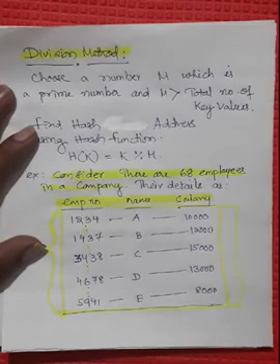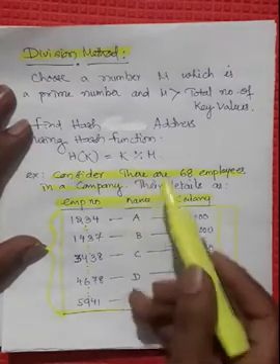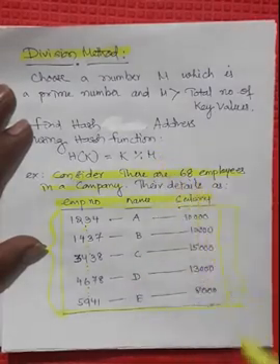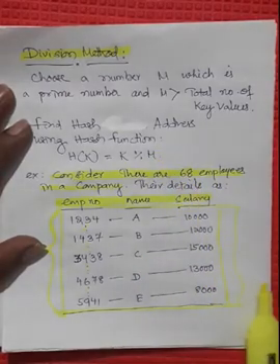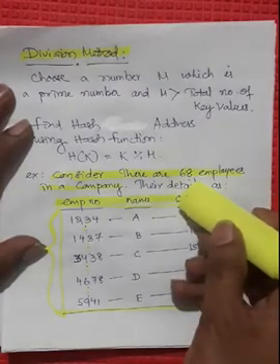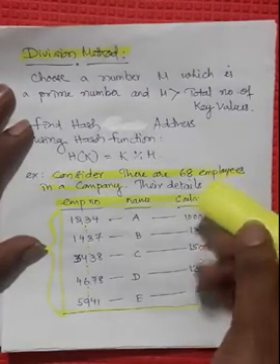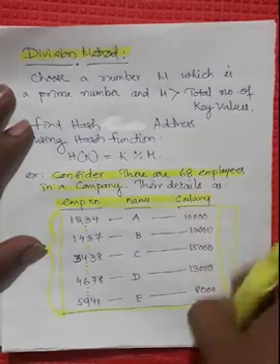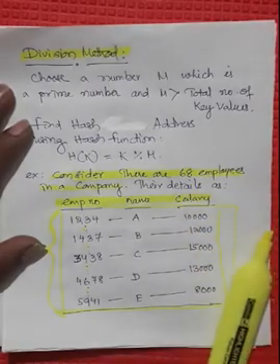So we will choose m such that m must be greater than 68. M needs to be, again, a prime number which is greater than 68. That may be 71, that may be 73, 79 is a prime number.